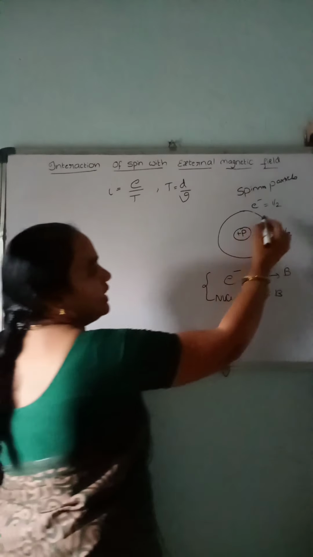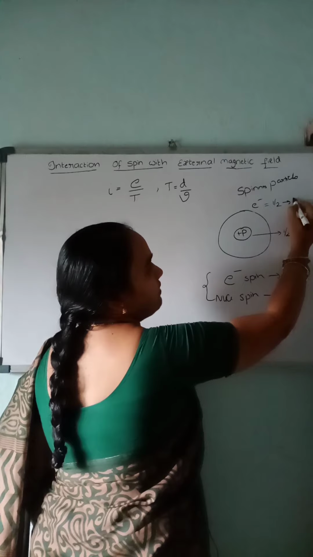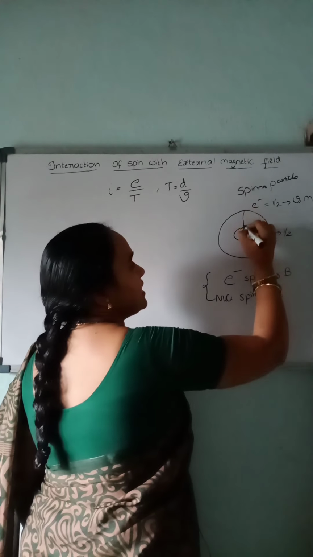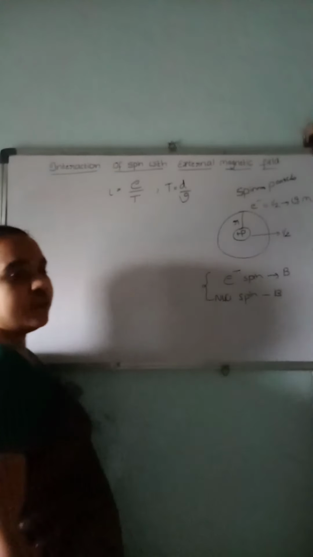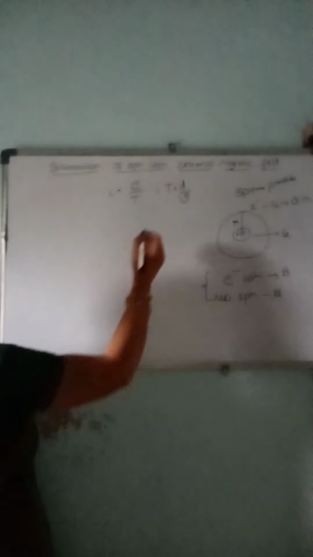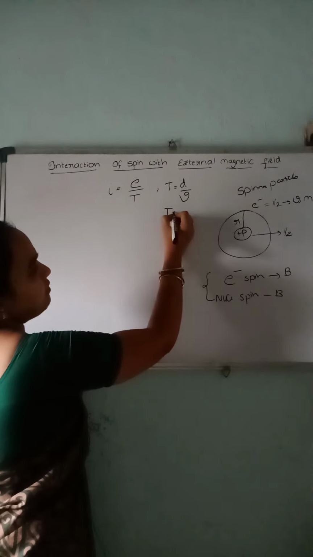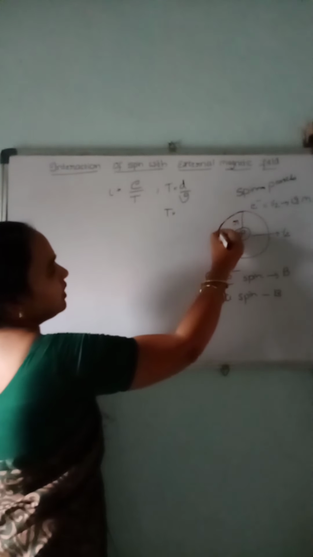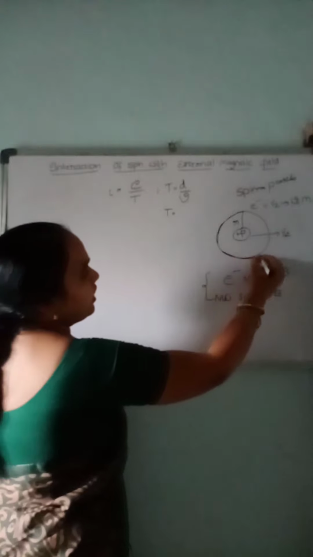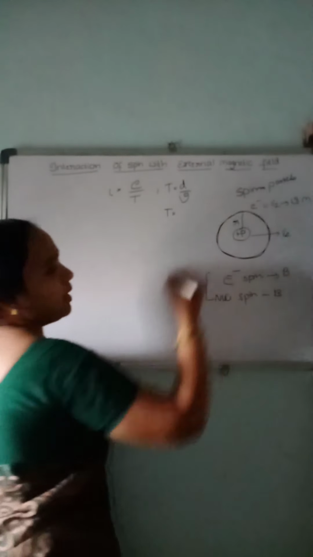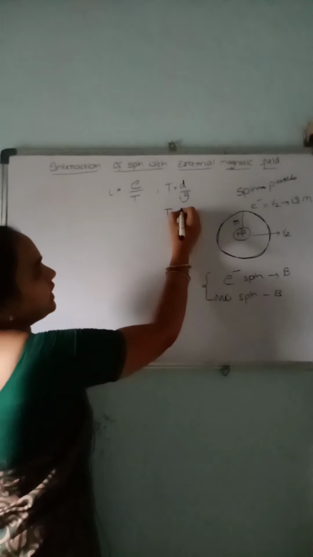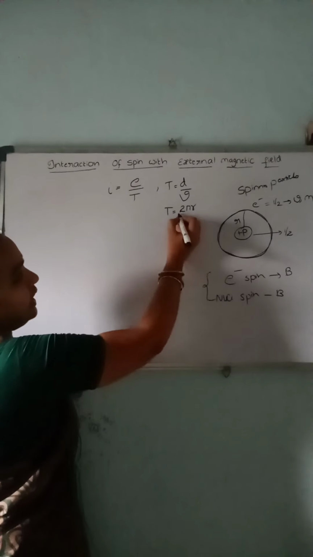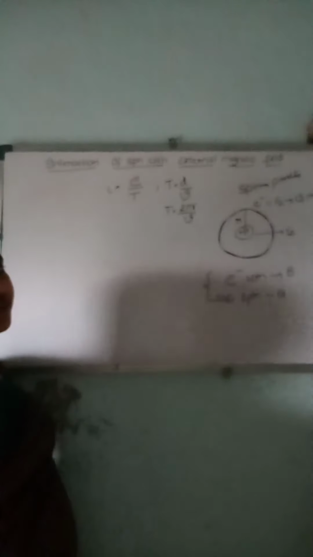Let us consider that this electron is moving with velocity v, having mass m, at a distance r from the nucleus. For one complete revolution, the distance travelled by the electron is 2 pi r. Let v be the velocity of the electron.